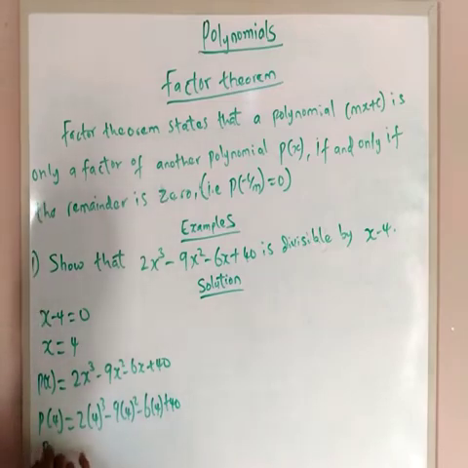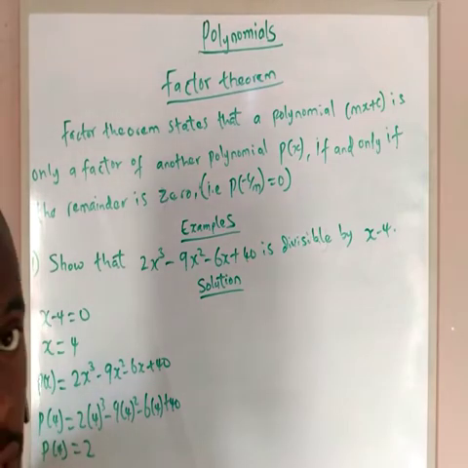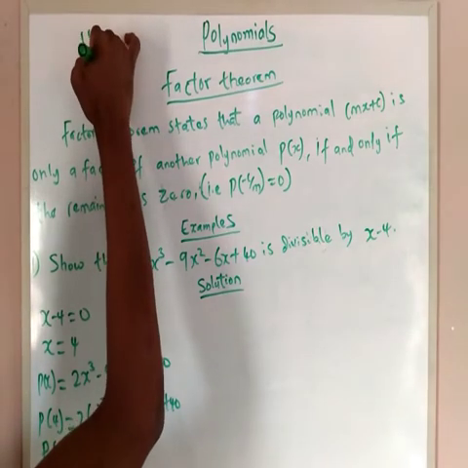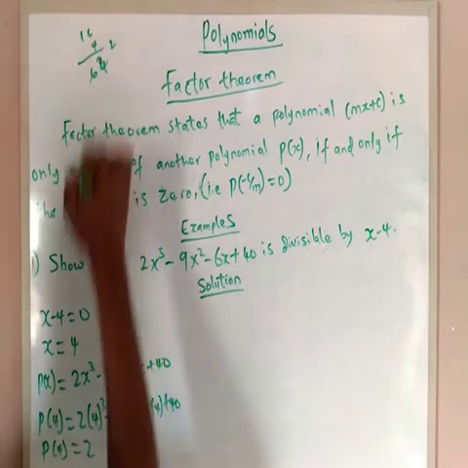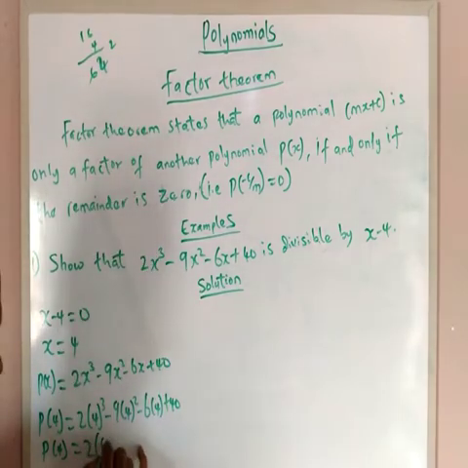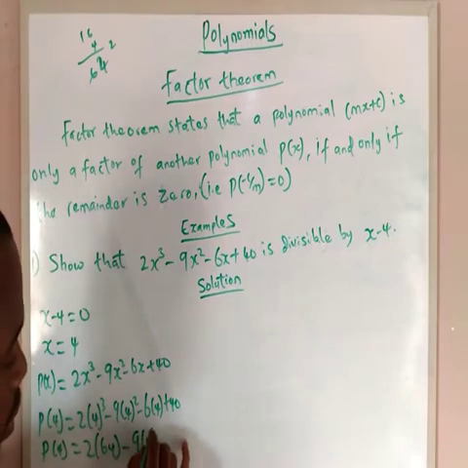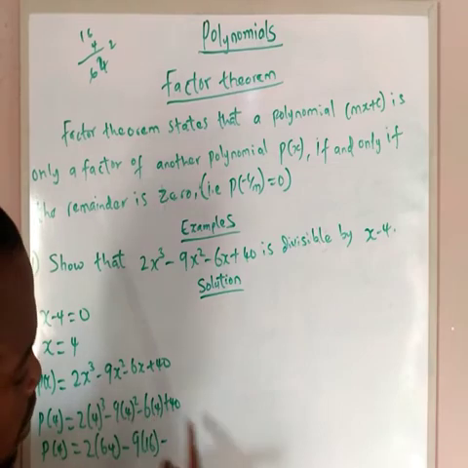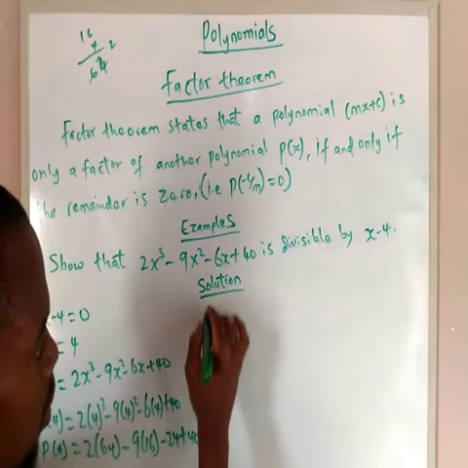Then our p of 4 will be equal to 4 raised to the power 3, that's 4 times 4, 16, 16 times 4, that will give us 64. So we have 64 minus 9 into brackets 16, that's 4 raised to the power 2, minus 6 times 4, that will give us 24, plus 40.